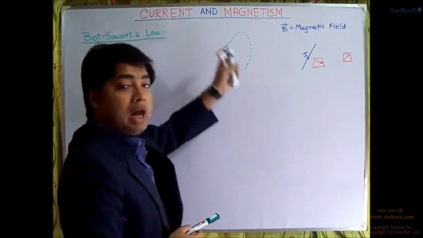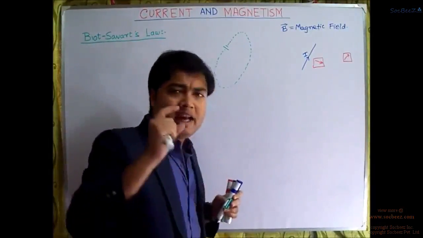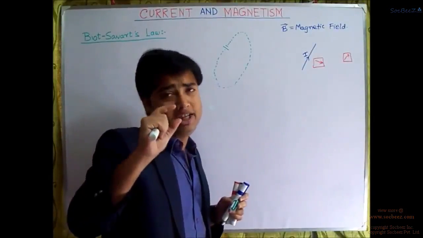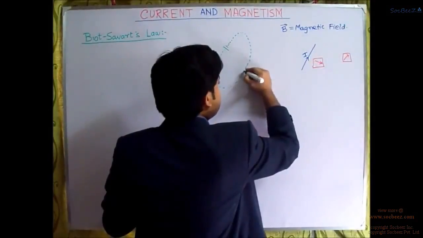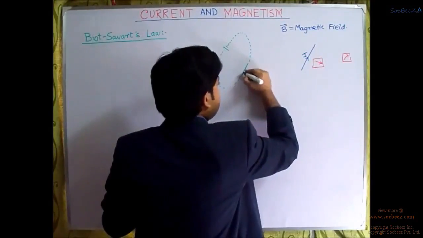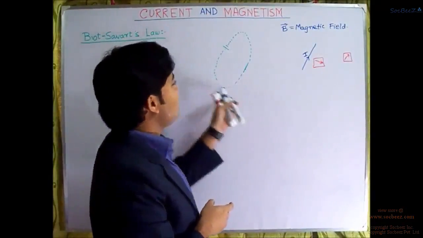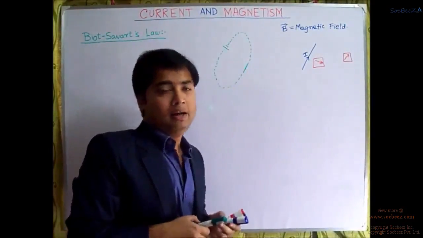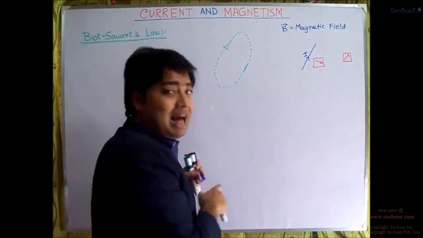The current will flow likewise. Now let us take a very small region. If the total length of this conductor is L, then we can denote this small length as dl.